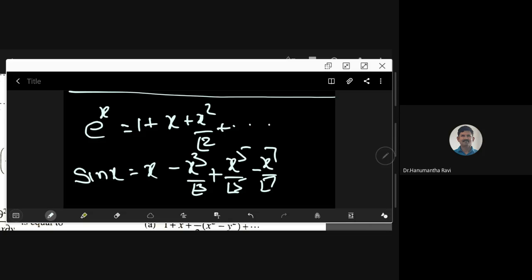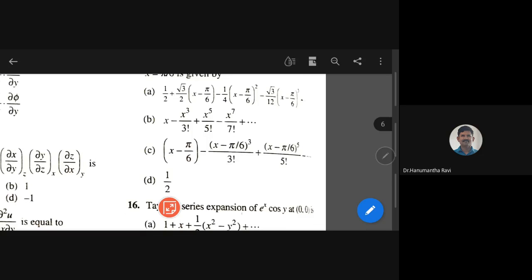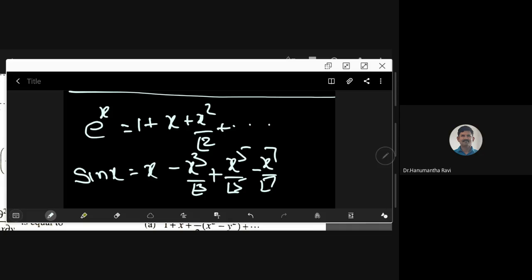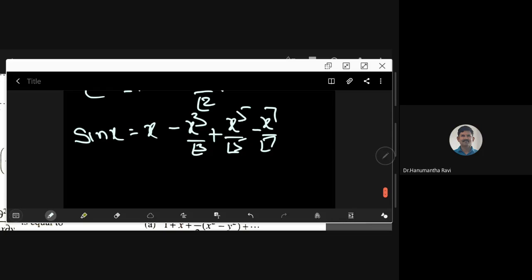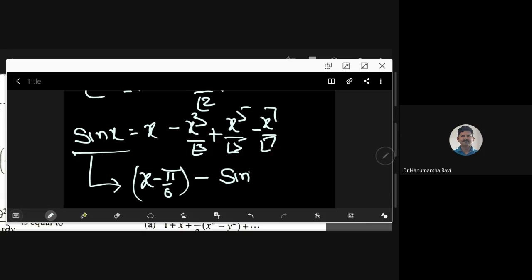But he is asking about pi by 6. If they ask about x is equal to a, then the same thing, if you want about pi by 6, you need to write this plus minus, you take the derivative of sin x, the first order derivative, but you compute it at x is equal to pi by 6, that is very important here.